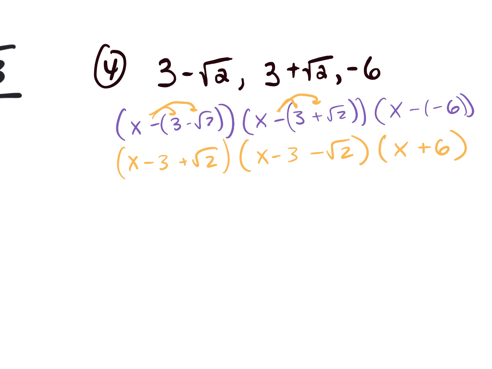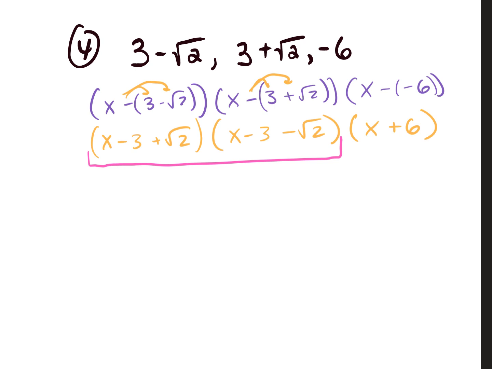You always want to start when we FOIL, if we have complex numbers, start by multiplying those together first. So we're going to start by multiplying our x minus 3 plus square root 2 and x minus 3 minus square root 2.